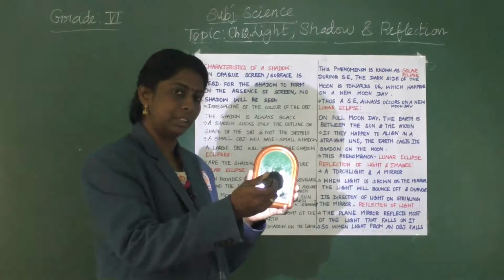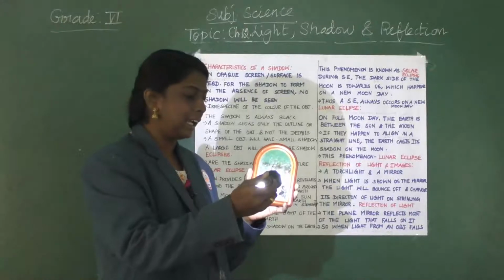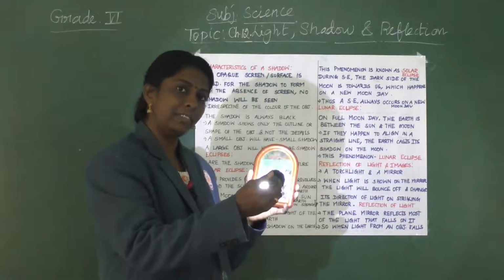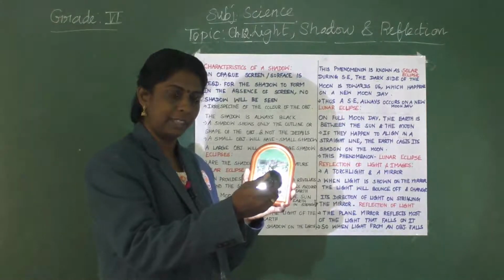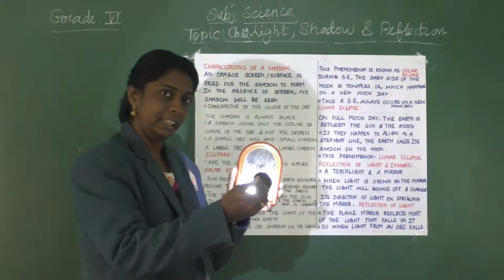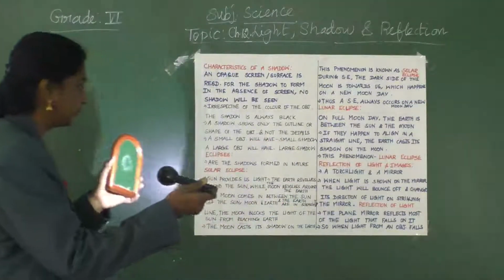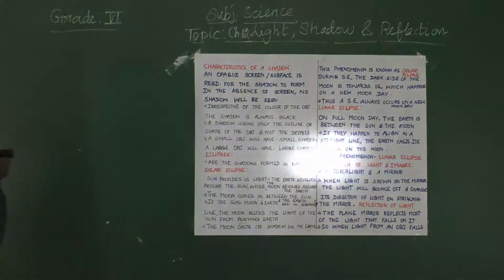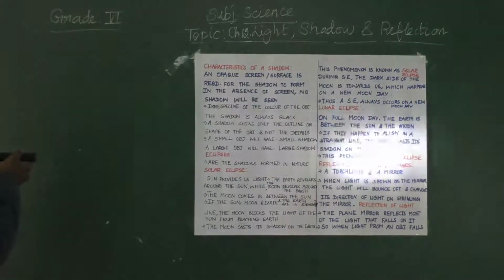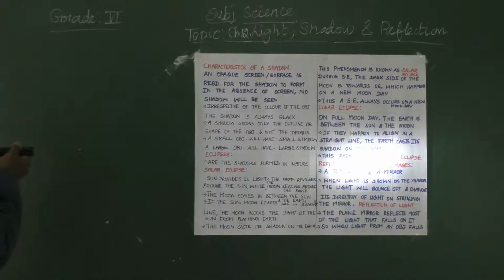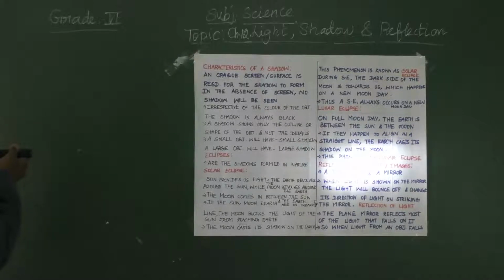That's what reflection is. To make you understand, I am just going to move slightly this side to show you the reflected image of light. Can you see? Yes. Now I am passing the light to the mirror.